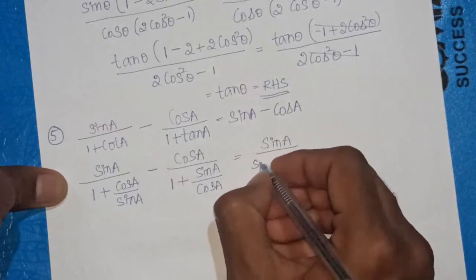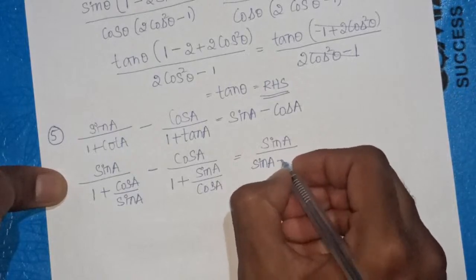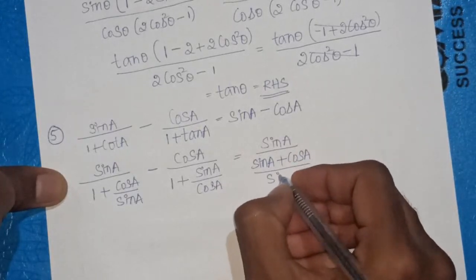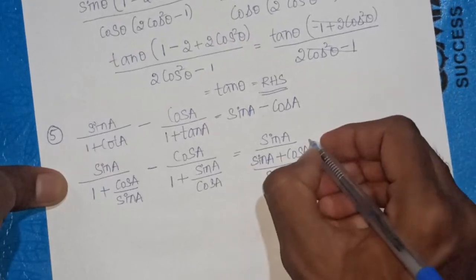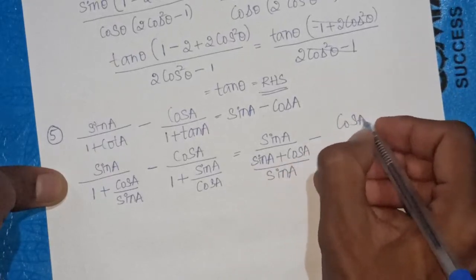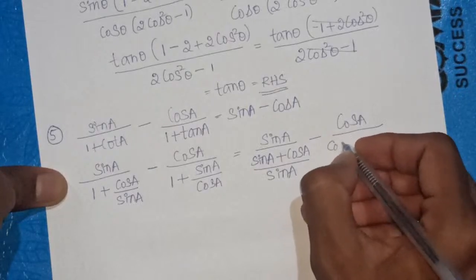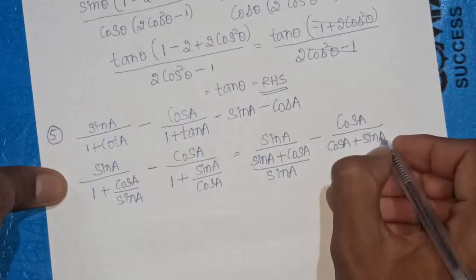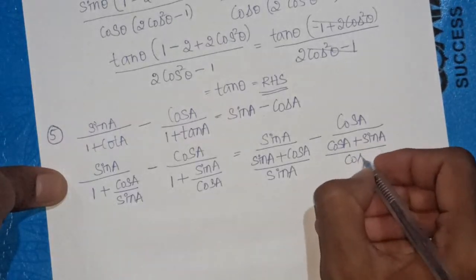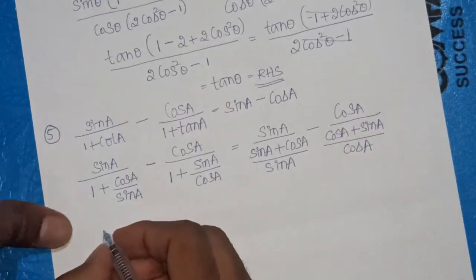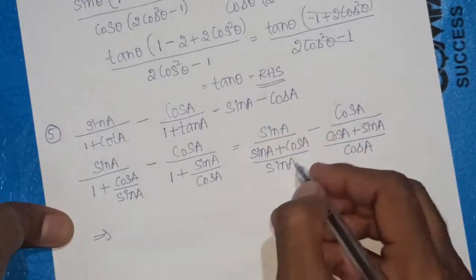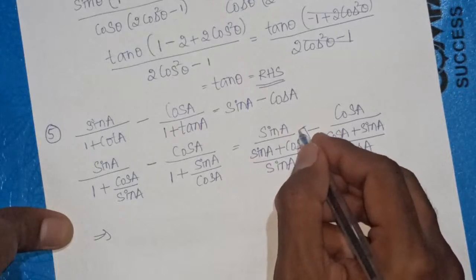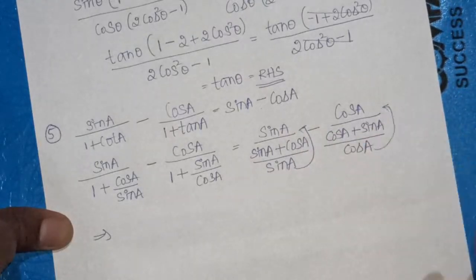by taking LCM in the denominator, sin A plus cos A by sin A, minus cos A by cos A plus sin A by cos A. And whenever we are taking reciprocal for the second term, this sin A will be going to the numerator and this cos A will be going to the numerator.